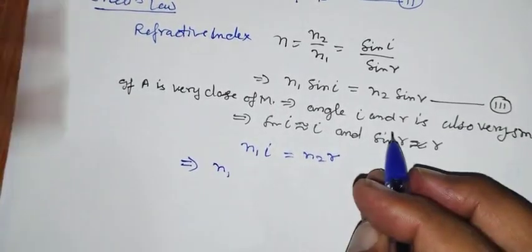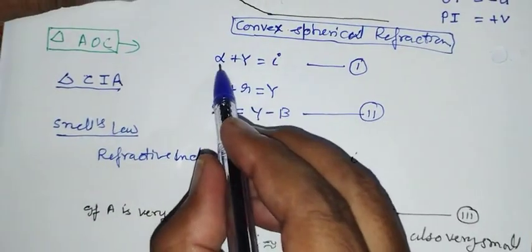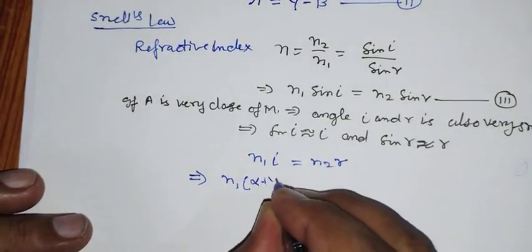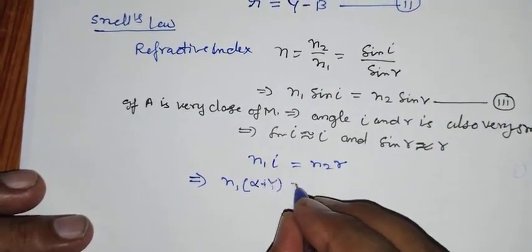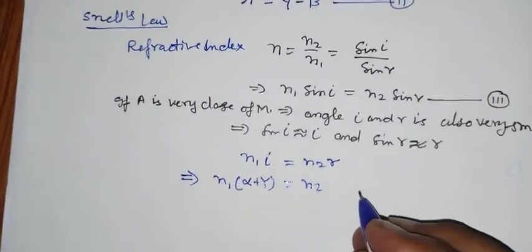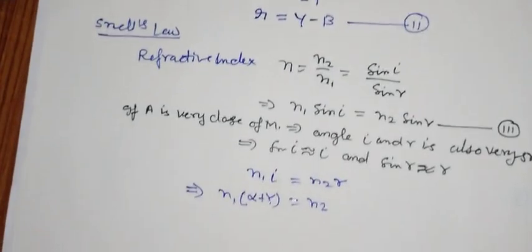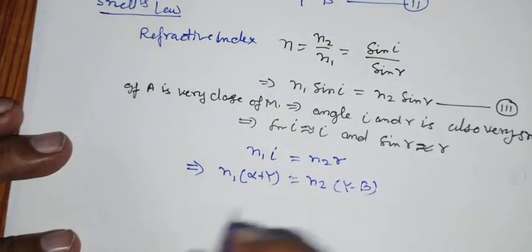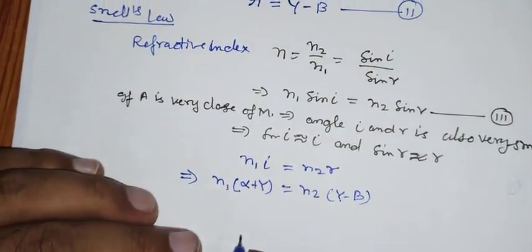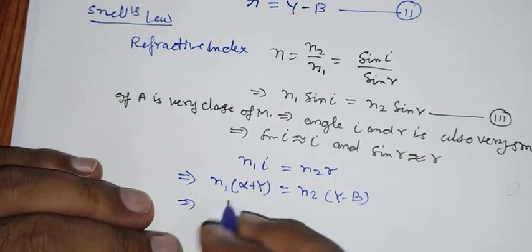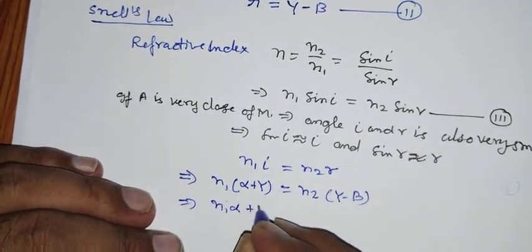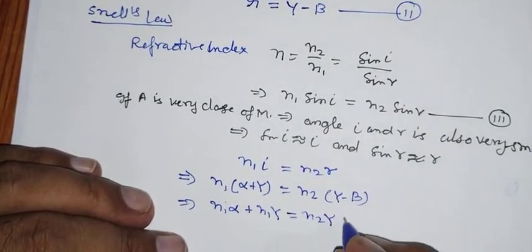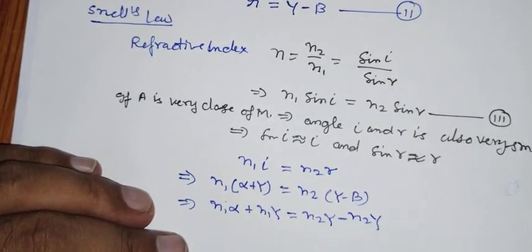n1 i, from equation 1, is alpha plus gamma. So putting the value of i, alpha plus gamma is equal to n2 r, and r is gamma minus beta from equation 2. So n1 alpha plus n1 gamma is equal to n2 gamma minus n2 beta.